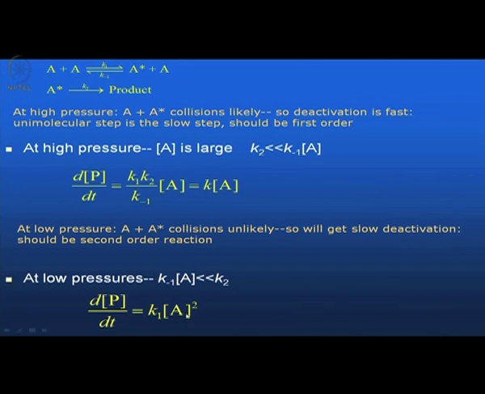So, under low pressure condition it is a second order, or a two molecule process. I mean two molecules are involved, two concentration terms are involved in the rate equation.